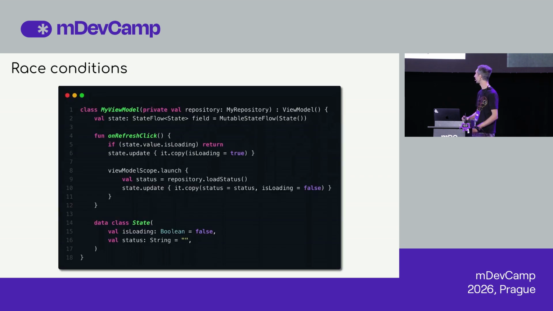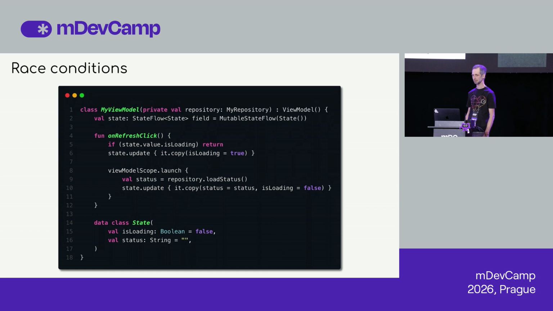So here is a very simple dummy example of a race condition. You have a view model, you have an onRefreshClick function, which is called when the user clicks a button. It shows the loading indicator, then it loads some data from, let's say, a database or network, displays the data and dismisses the loading indicator. The user might click this button twice.